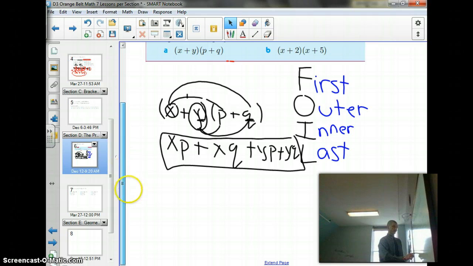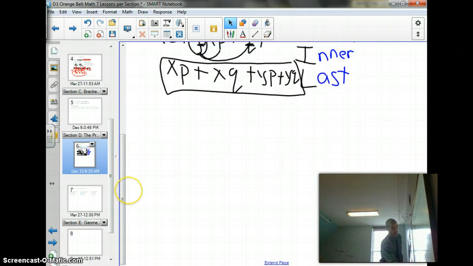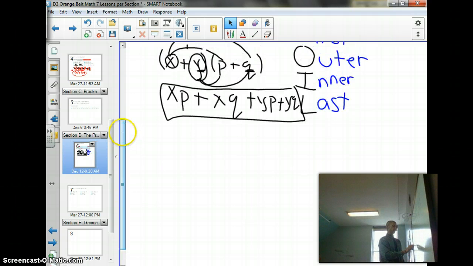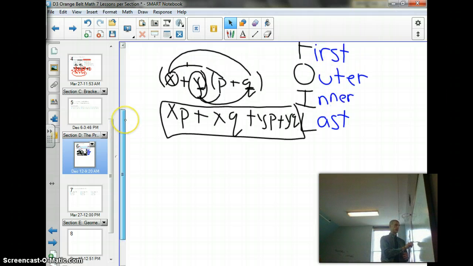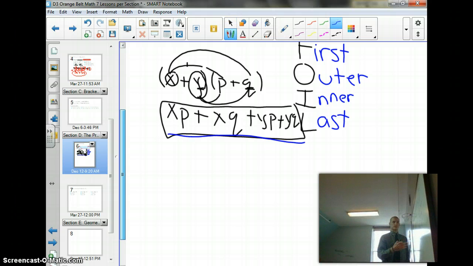And that's our final answer, because if you look, we expanded. This is expanded. It's called expanding by FOIL. We expanded our two bracketed sequences and we have a final answer. We always look to see if we can simplify.